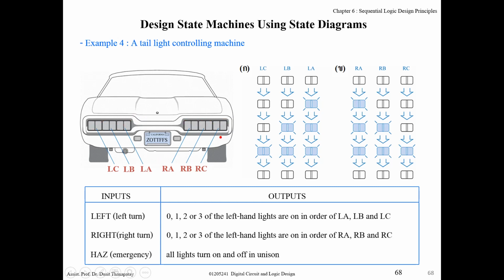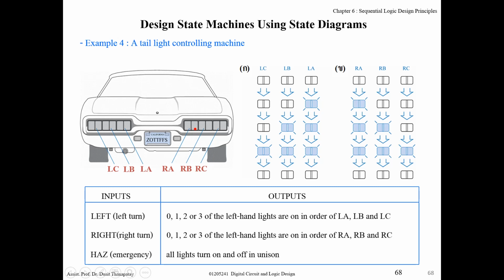So there are how many patterns? No lamp on, one left lamp on, 1 2 3, 1 2 3, and all of these on. So there are 8 different patterns of the output.